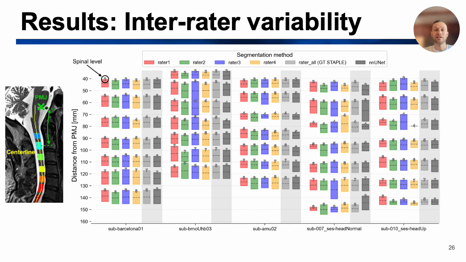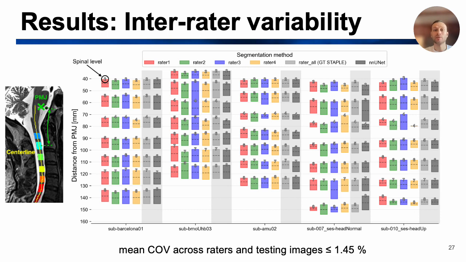In red, green, blue, and yellow, we can see 4 manual raters. The ground truth STAPLE segmentation is shown in light gray, and the segmentation obtained using the developed segmentation model is shown in dark gray.